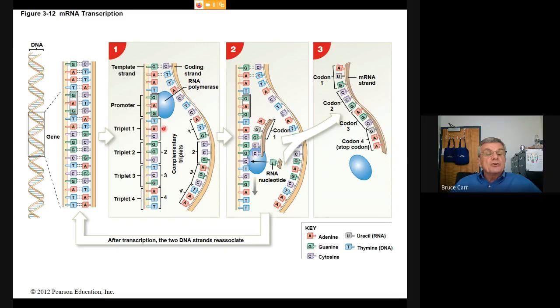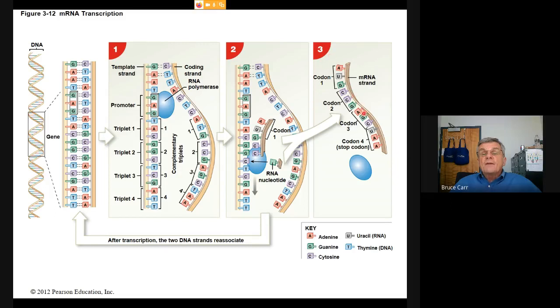AU, that's the substitute, no T, but a U, GCC. And it's just going to move down this one base at a time, adding the complement. So here comes the next G, and then an A, and then another G, another C, and here's a U again, and it reads all the way down this strand.